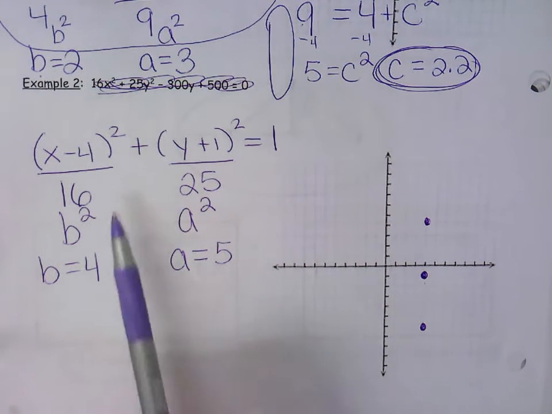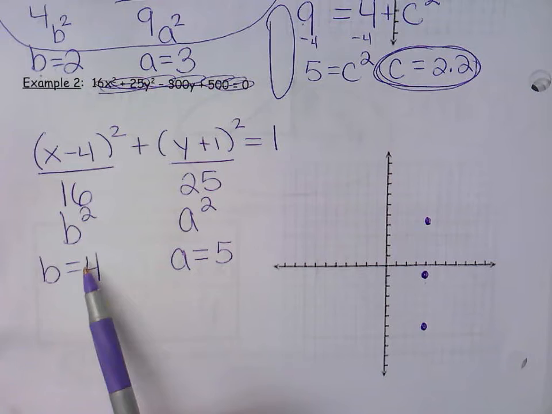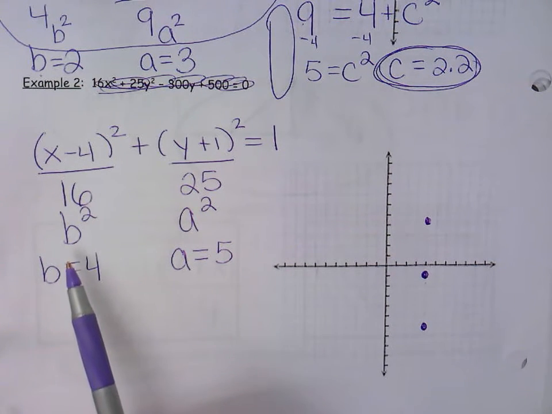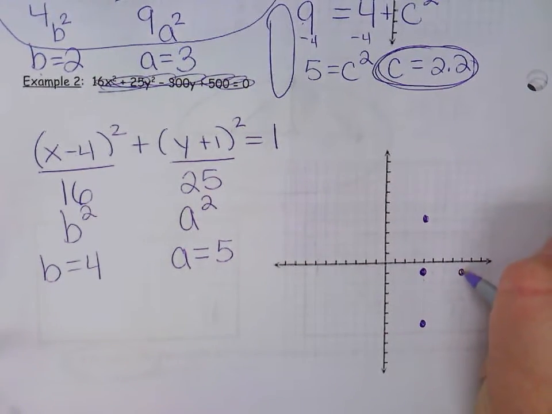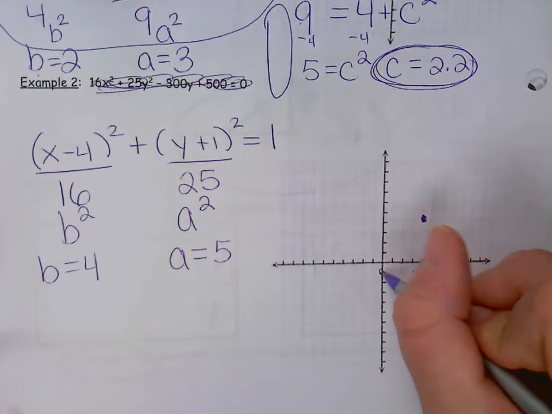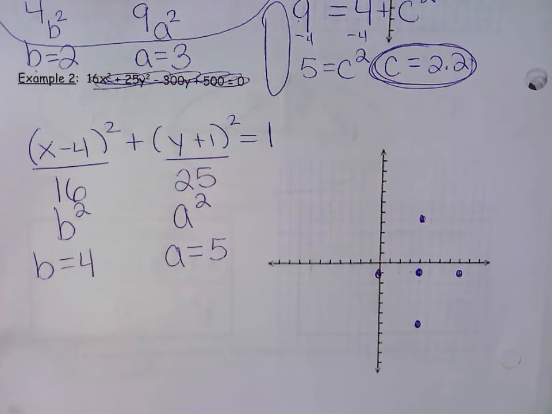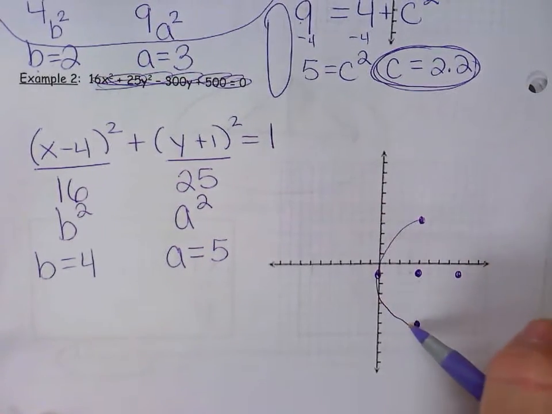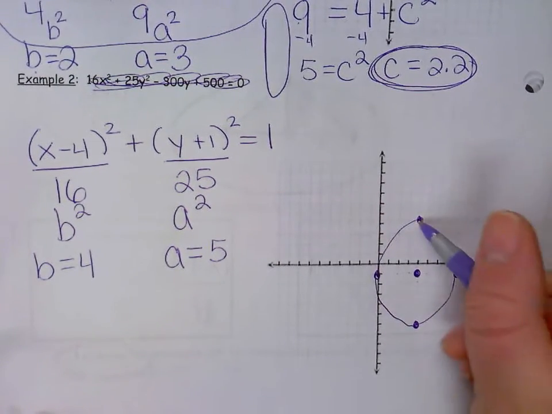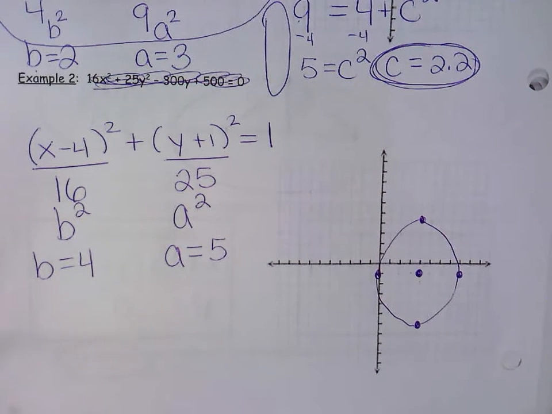Then in the x direction, because b is underneath the x, you're going to go 4 units from the center. 1, 2, 3, 4. That's all you need to graph an ellipse, your 4 vertices. Then just connect them the best you can. Try not to draw a diamond, it should look kind of elliptical, so kind of curved. Don't just connect them with straight lines.